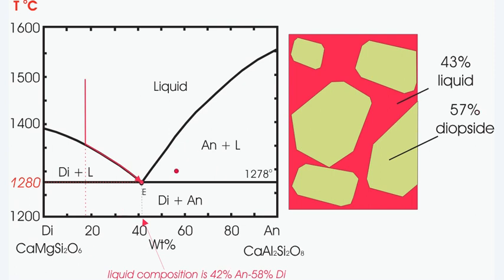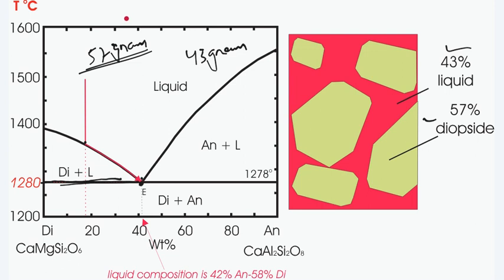Another composition reaches here, so we can calculate the percent of solid and liquid formed up to this point. You just use the lever rule here. So you will find that we have 43 gram of liquid and 57 gram of solid. From this point to this point, 57 gram of solid is found.